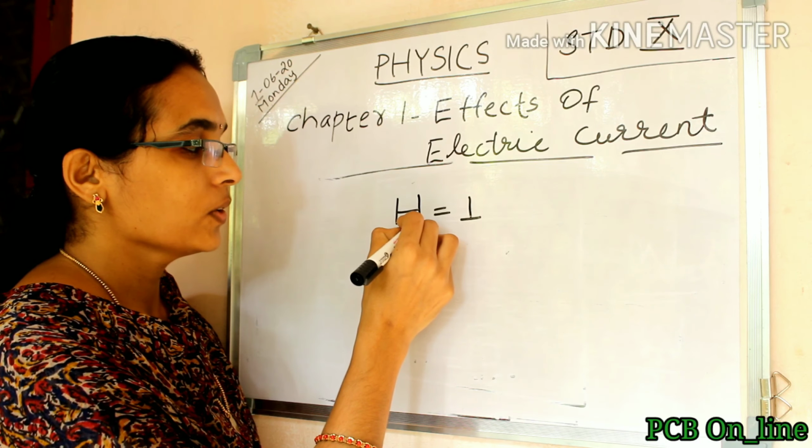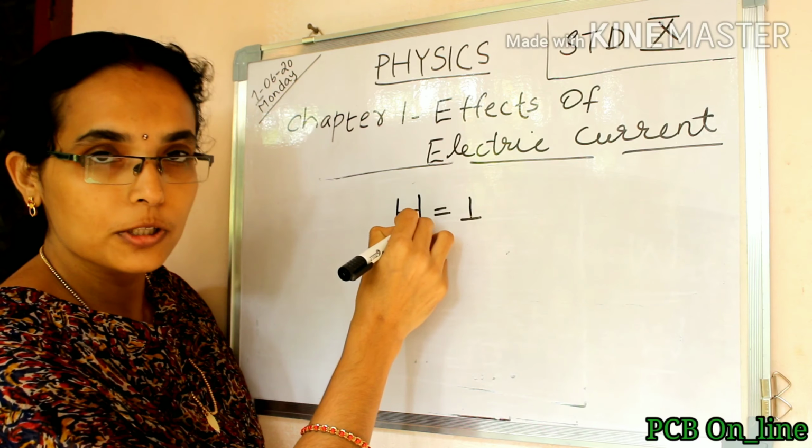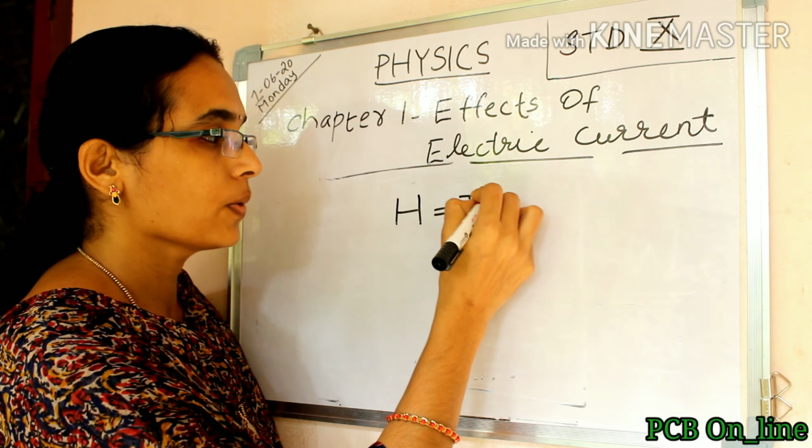Then we know that by Joule's law H is equal to I square RT.